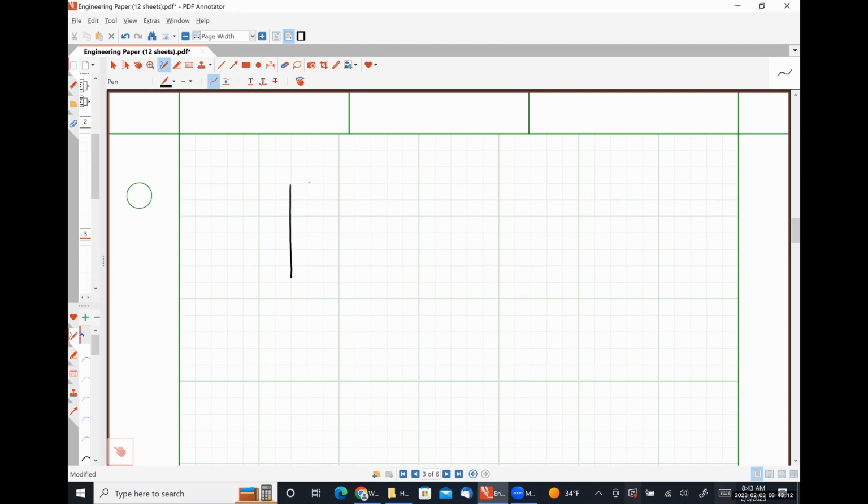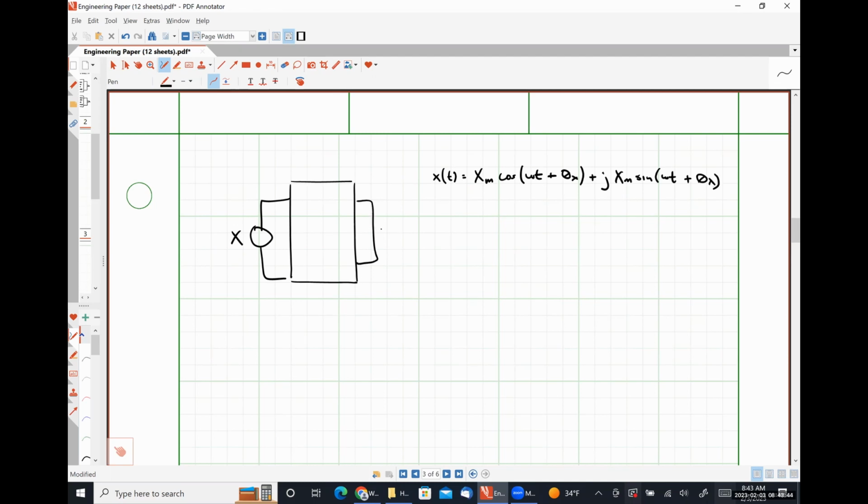So if I have my linear black box network and I apply some total signal x, where x of t is Xm cosine omega t plus theta x plus j Xm sine omega t plus theta x, my output signal y will be Ym cosine omega t plus theta y plus j Ym sine omega t plus theta y.